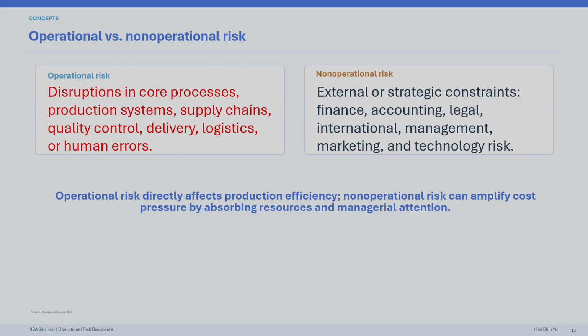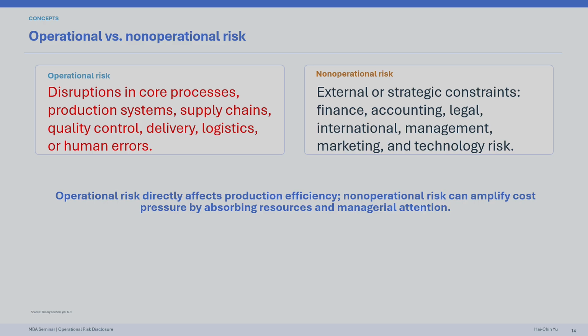So operational and non-operational risk, how to tell? Operational, very direct: supply chain, logistic, delivery, quality, human errors, disruption in core processing. This operational, very direct, the core engine. Around the core engine is external, so belong to the supporting system: finance, accounting, legal system, marketing, technology, and so on.